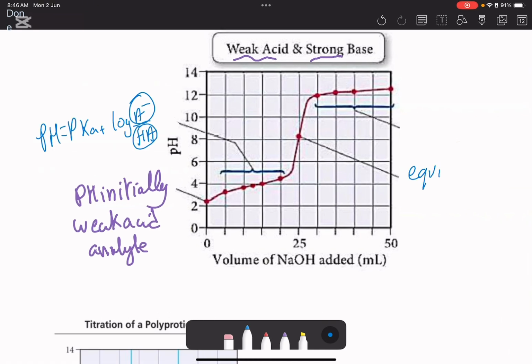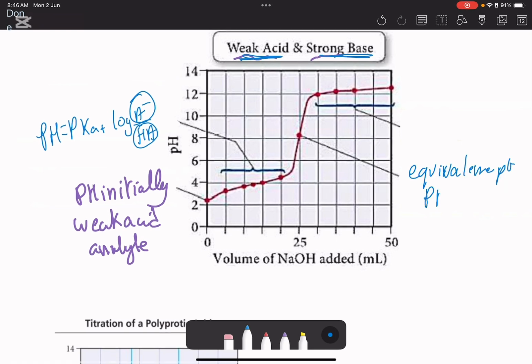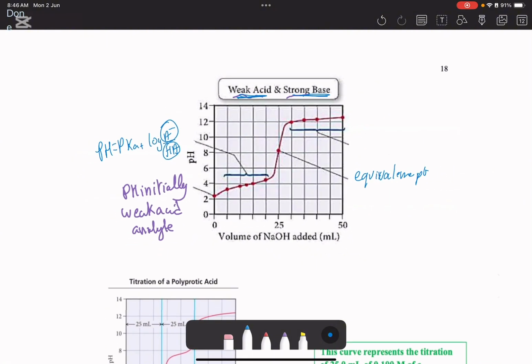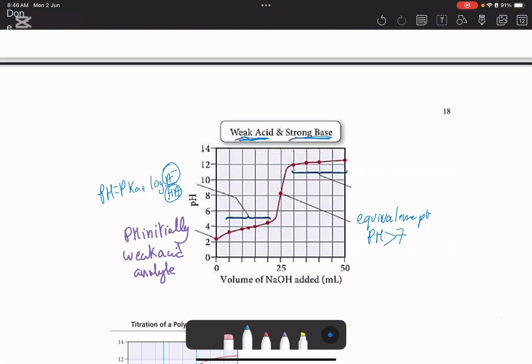Next, here's the equivalence point. But in this case, since we have a weak acid with a strong base we're titrating, the pH at this equivalence must be above 7 because, let me give you an example. Here's a weak acid. Here's a strong base. At equivalence point, these are equal.